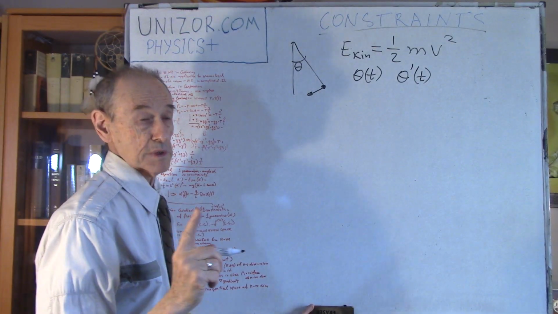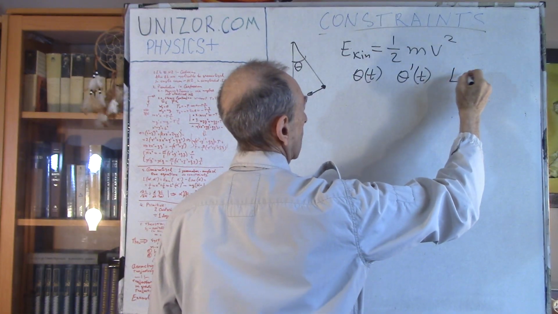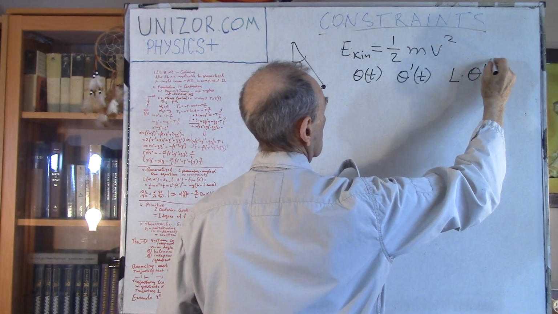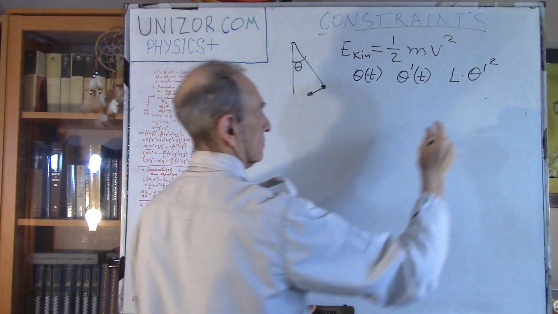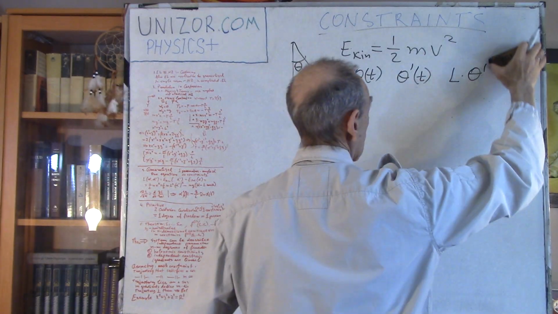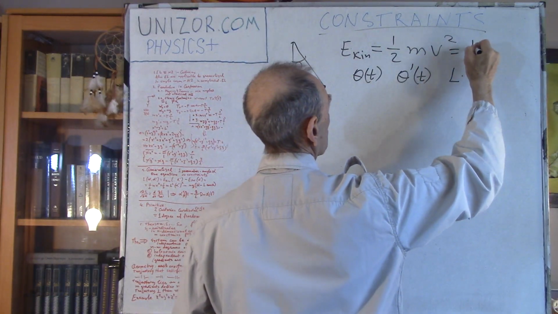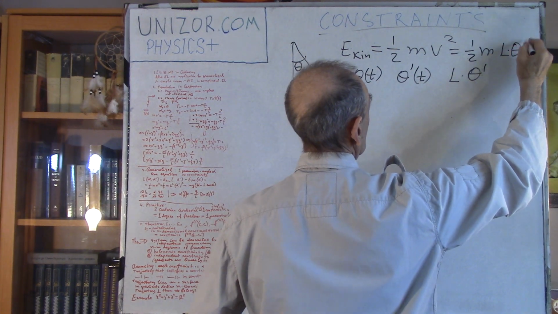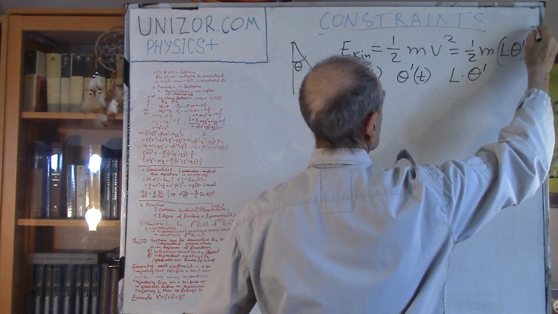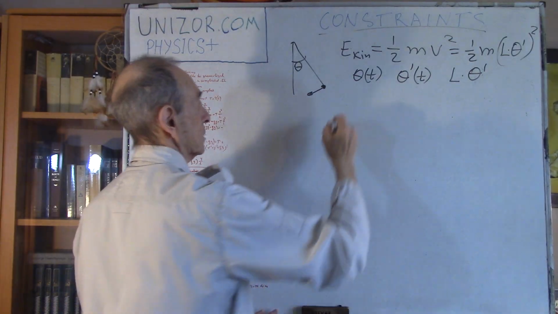That's an angular speed. And the linear speed is L times theta prime. But whenever we substitute this, we will have 1/2 m L squared theta prime squared. That's it.